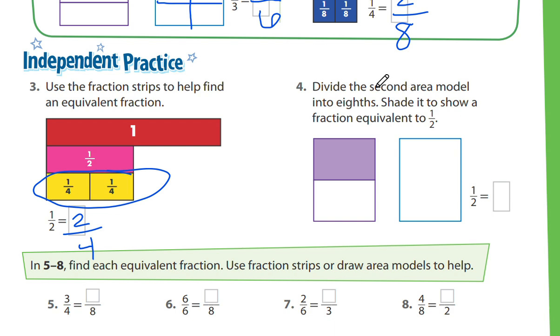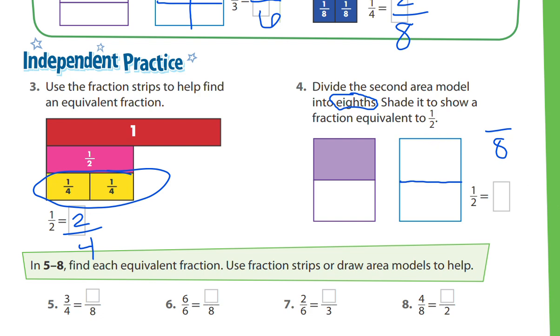On number 4, it says divide the second area model into eighths. Eighths means that my denominator is going to have an 8. Let's first split it in half so we can see what we're looking at. Right now these two pictures are equivalent. They look the same. This purple one is 1/2, and then I need to divide this one into eighths.